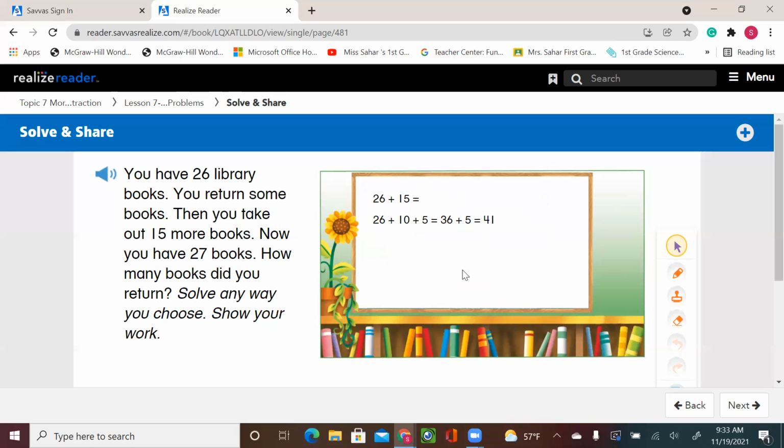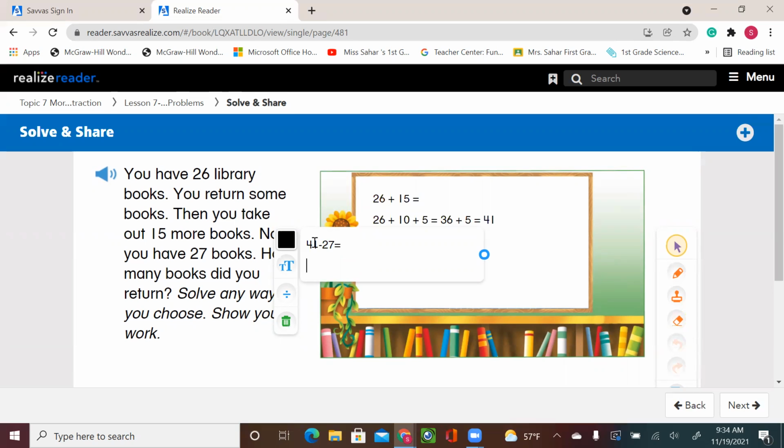All right, now you have 27 books. I had 41. I know that I returned some books that I don't remember how many, but I know what's left with me is 27. That means 41 minus 27. That's step number 2. So let's start. Now I know that total books I have 41 minus 27 equals.